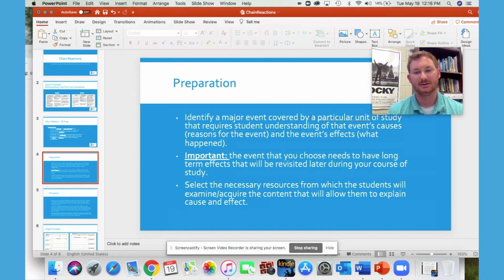And you need to have one that has a long-term effect or long-term effects that will be covered throughout your course of study. And then you're going to select the necessary resources for them to examine and acquire the content that will allow them to explain the cause and effect relationship.